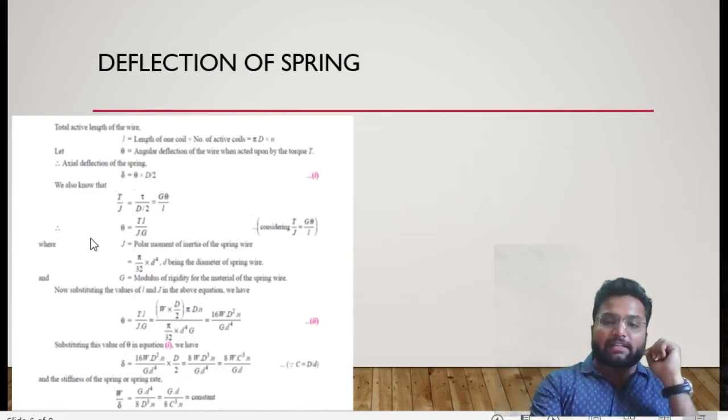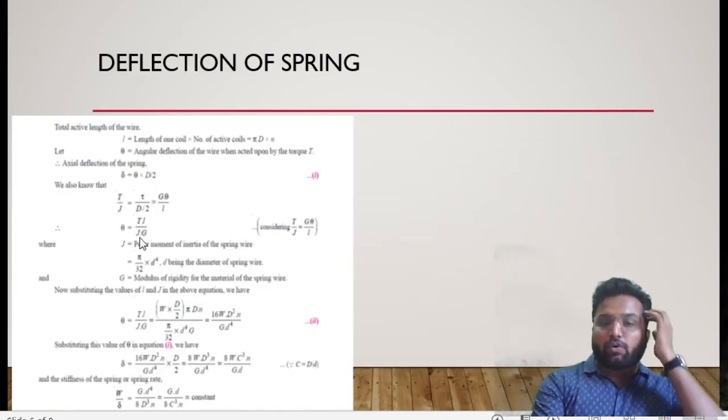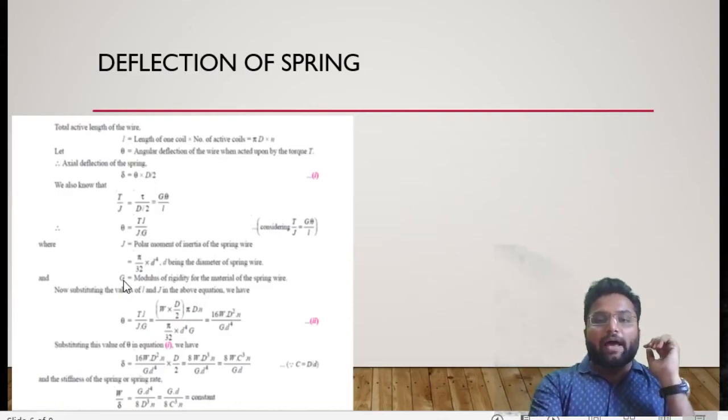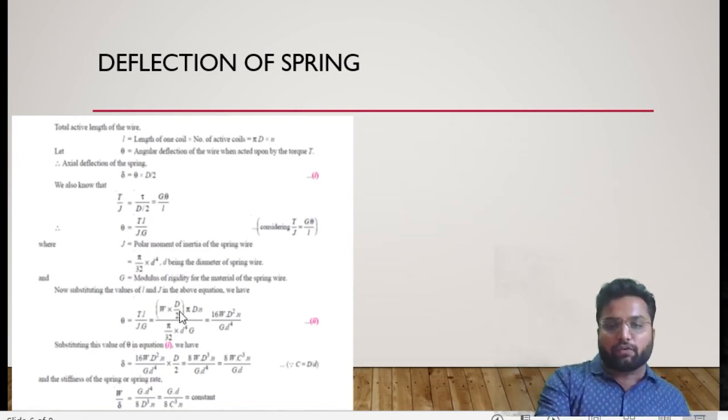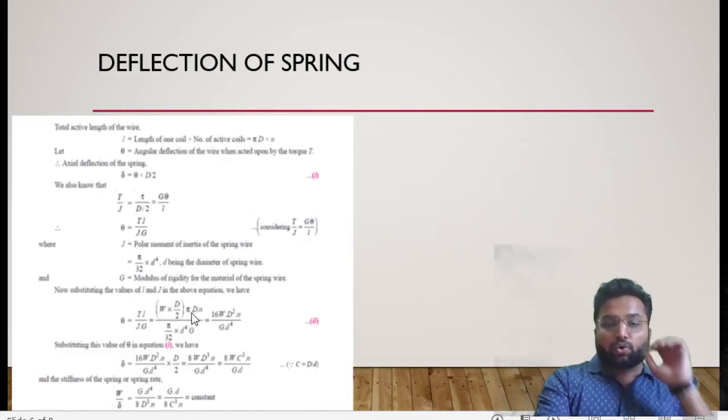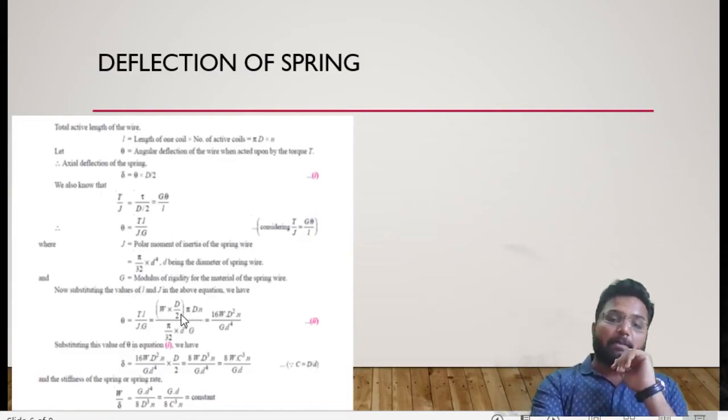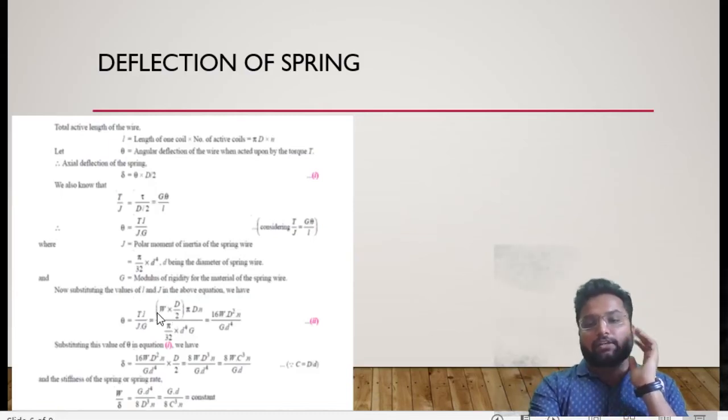So ultimately theta will be T into L by G into J, where G is the modulus of rigidity, J is the polar moment of inertia, which is pi by 32 d raised to 4, L is the total length, which could be represented by pi D n, and the twisting moment is W into D by 2.